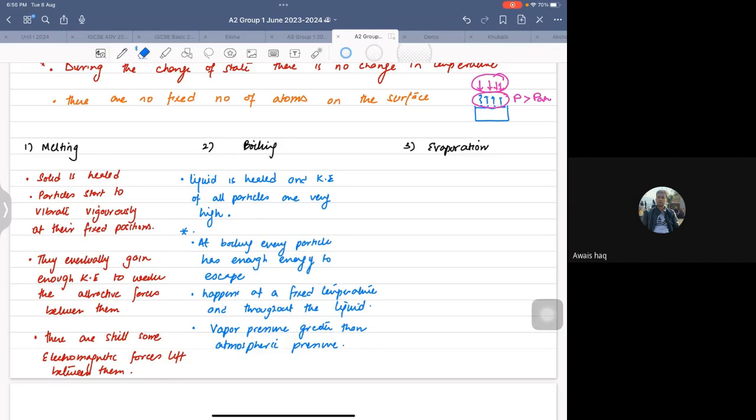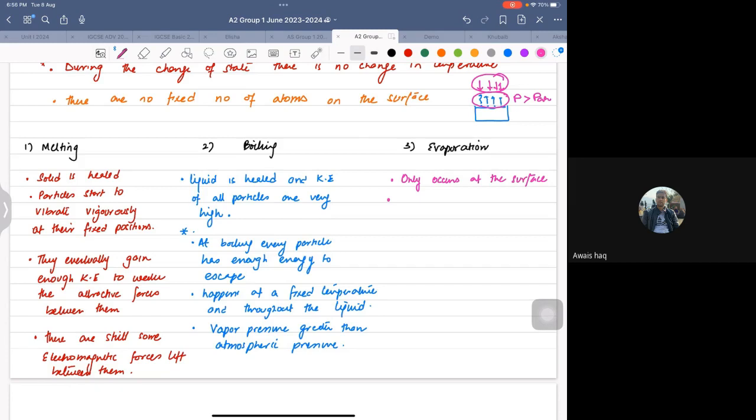Now comes evaporation, which has a large difference. Let's see. First of all, it only occurs at the surface. So that's something you need to remember.